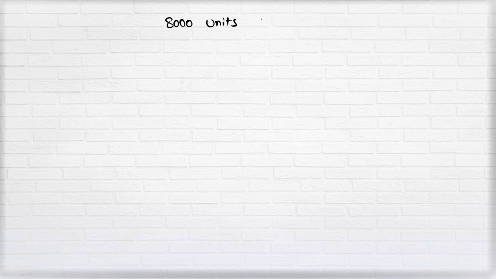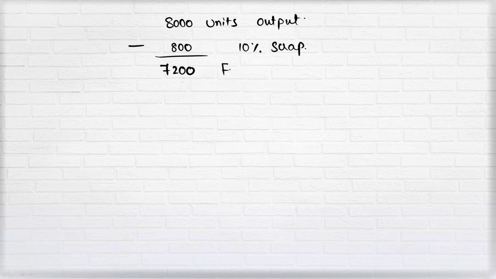80,000 units is output, out of which 10% is scrap. So 800 will be scrap, 7,200, and now they give this a different name. This they say is finished goods. And 10% of finished goods.